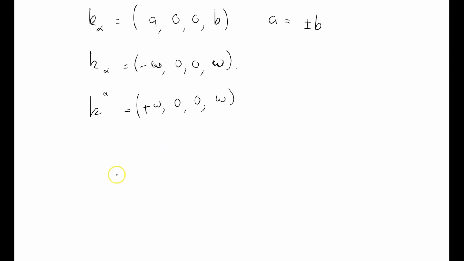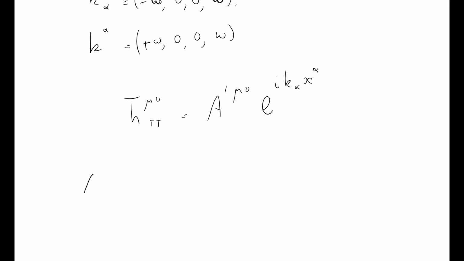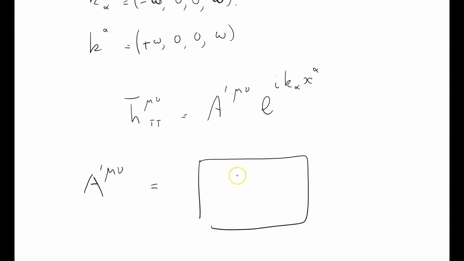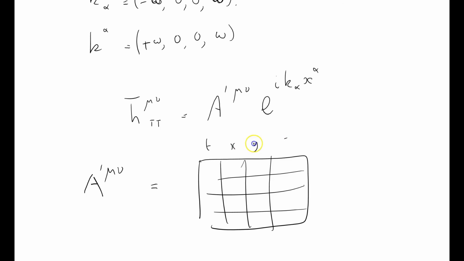We can now assert that h bar mu nu in the transverse traceless gauge equals A dash mu nu e to the i k alpha x alpha, where A dash mu nu is now equal to the following object, with t, x, y and z as columns and t, x, y and z as rows.